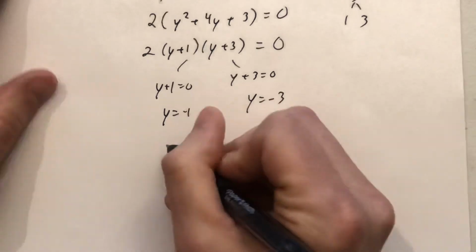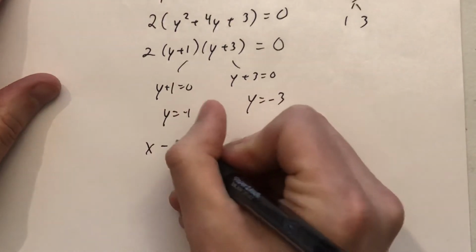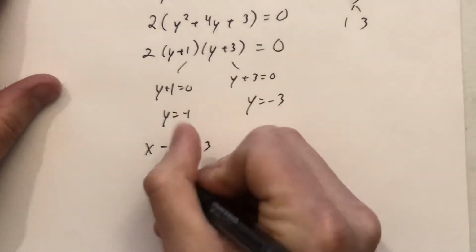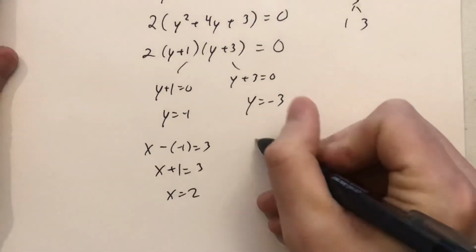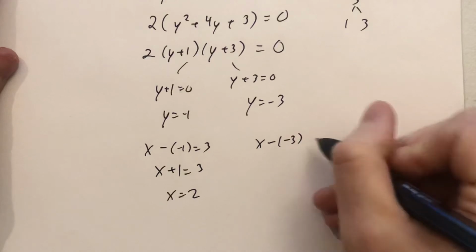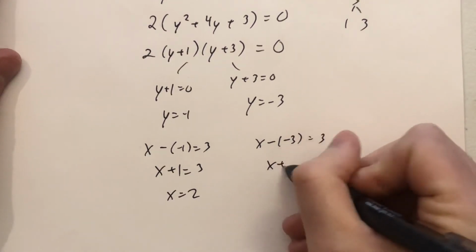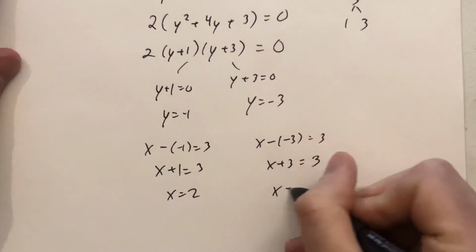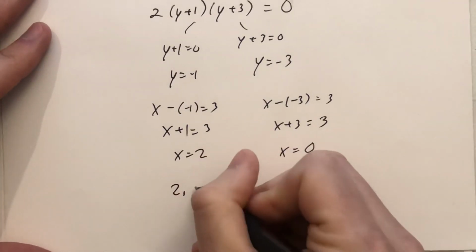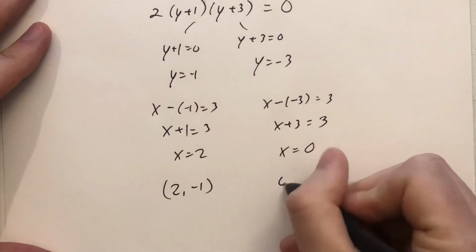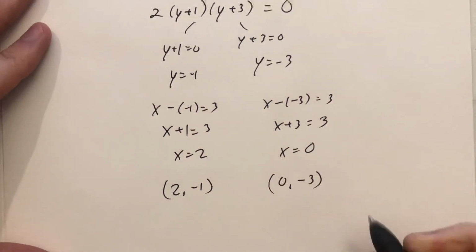So I will take this value of y, plug it into our linear equation, and get x equals 2. Same thing there. Get that, and so there are our pairs of 2, -1, and 0, -3.